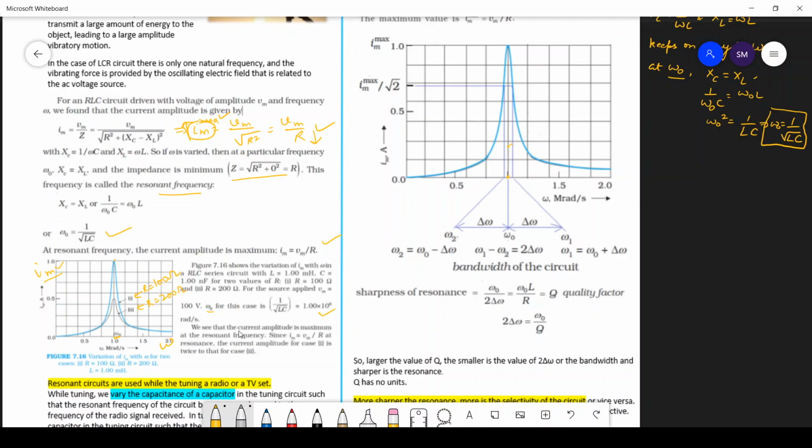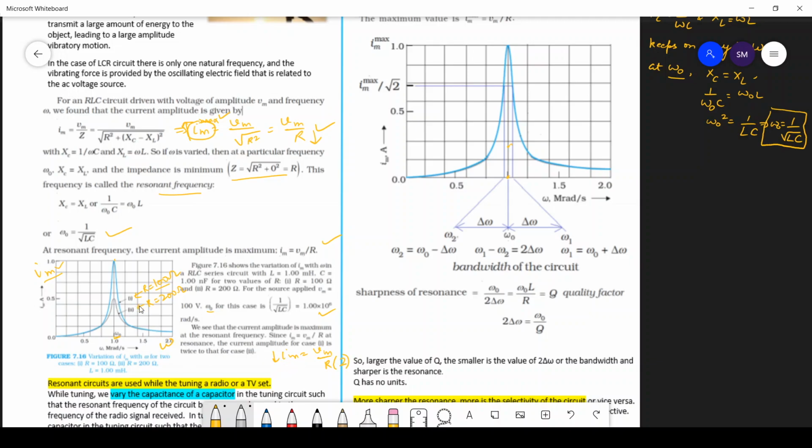So we see that the current amplitude is maximum at the resonant frequency. Since Im is equal to Vm by R at resonance, the current amplitude for case 1, where the resistance is lesser, is greater. As Im is equal to Vm by R, if R becomes twice, the current will be reduced by half.